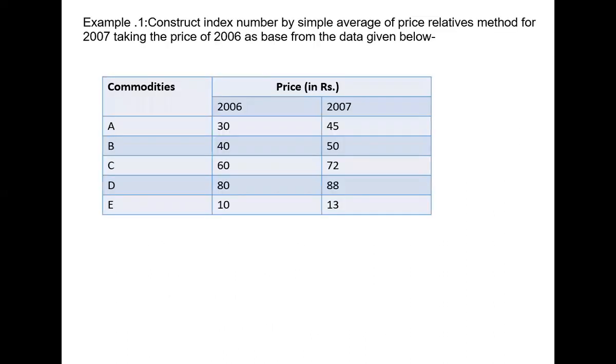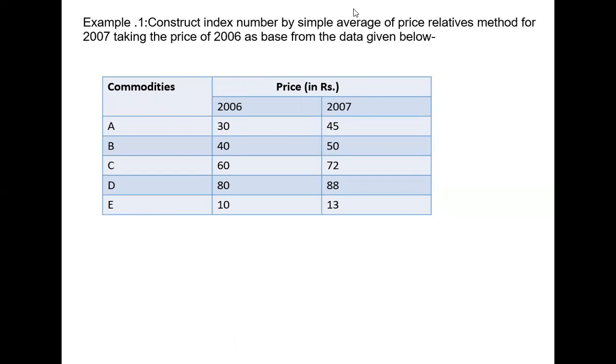So let's take an example. We have the prices of commodities in 2007 and in 2006, and we have to find the price index using the simple average of price relatives method for 2007, taking 2006 as the base period.